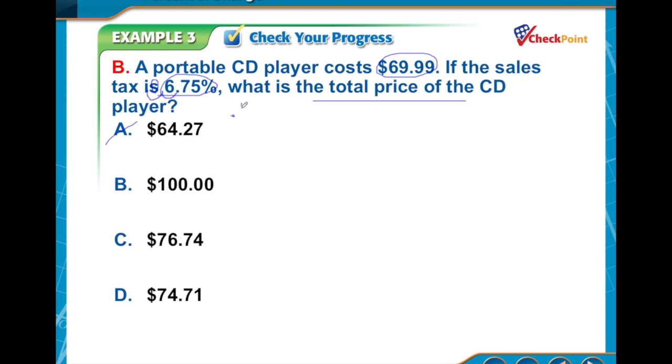So 0.0675 times our original value, this is going to give us a small amount, a few dollars increase in our sales tax. And then to whatever that is, we'll add what our original price is.